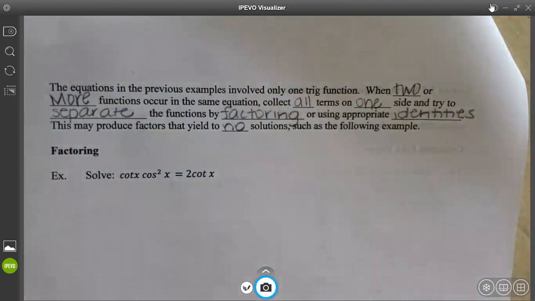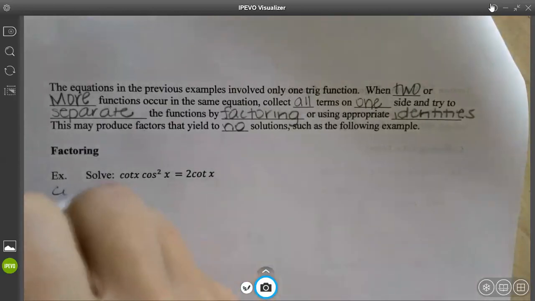All right, so it does have a solution, but you'll see. We're going to solve cotan x times cosine squared x equals 2 cotan x. So we're going to get everything on the same side, equal to 0. How do I do that?